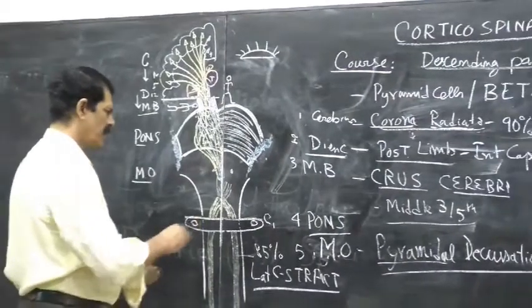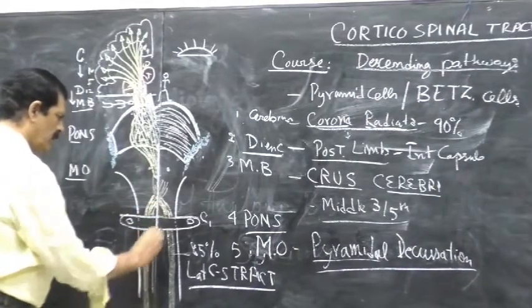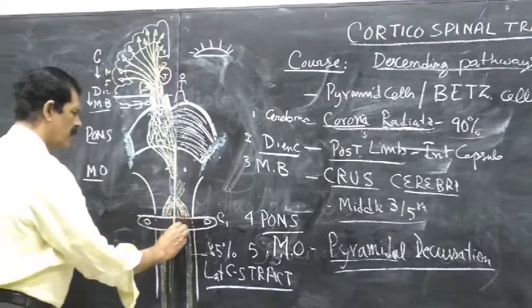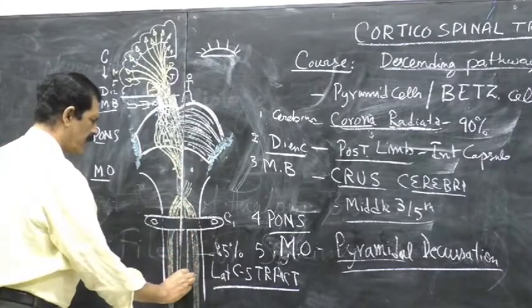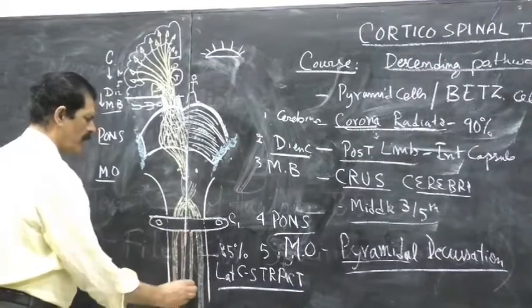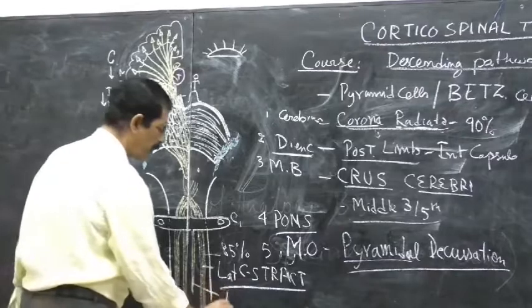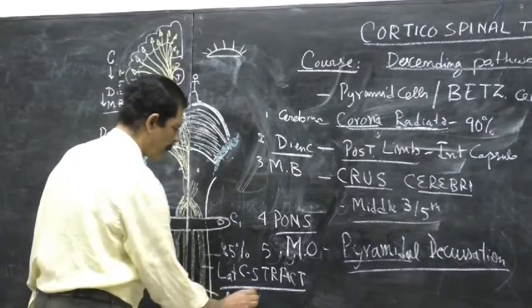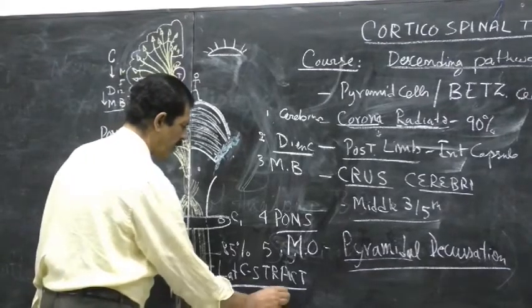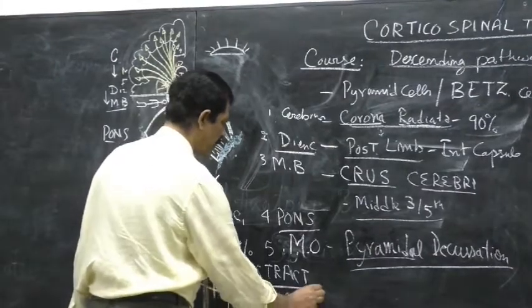While the rest of the 15%, which are uncrossed, they descend in the anterior funiculus or anterior column as the anterior corticospinal tract, or fibers which are only 15%.